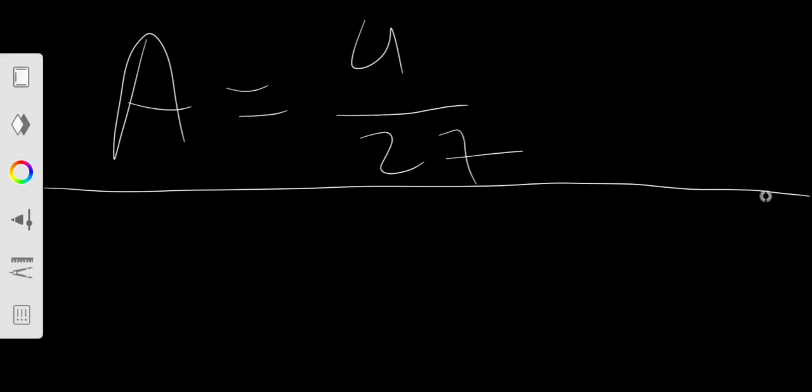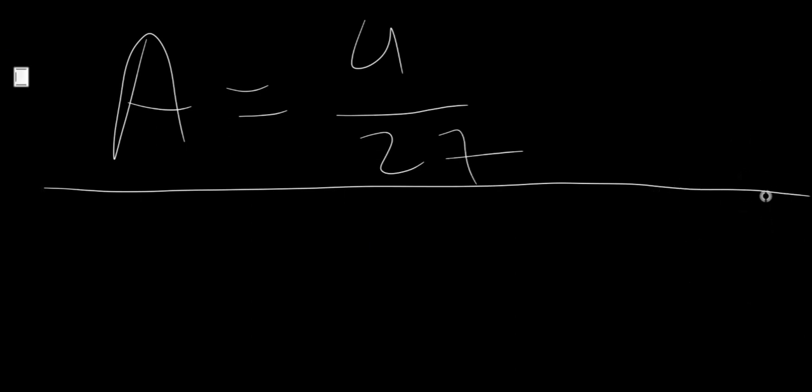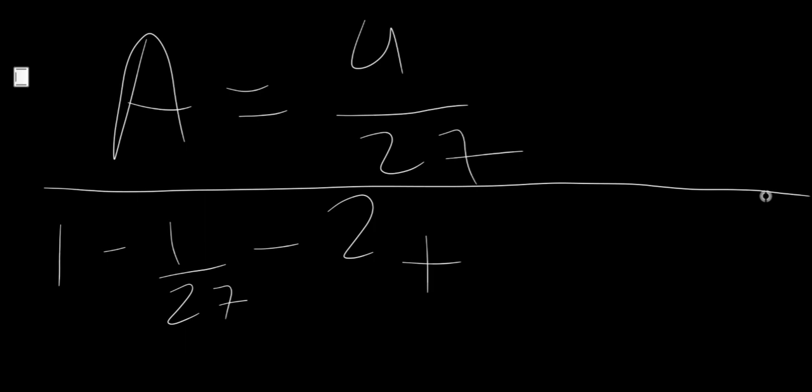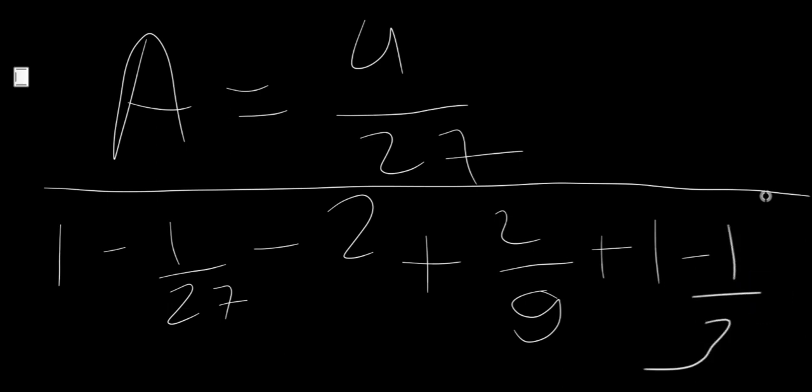Okay, so you'd have 1 minus 1/3 cubed, which is 1 divided by 27, minus 2 multiplied by 1, but there is a minus sign before it, so you have plus 2 multiplied by 1/3 squared. 1/3 squared is 1 divided by 9, plus 1 minus 1/3, and this will get you to 4 divided by 27.